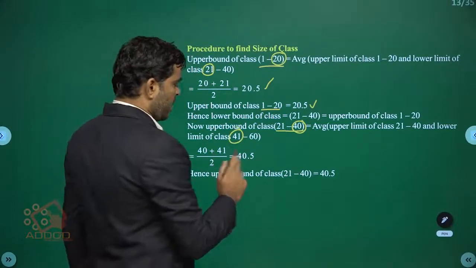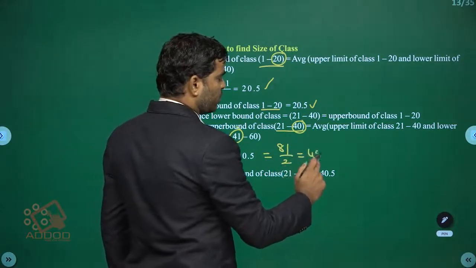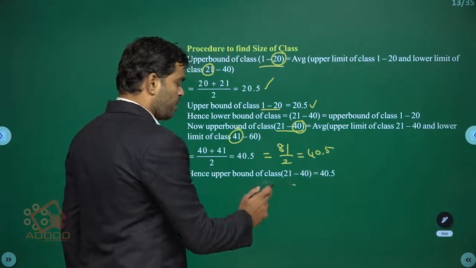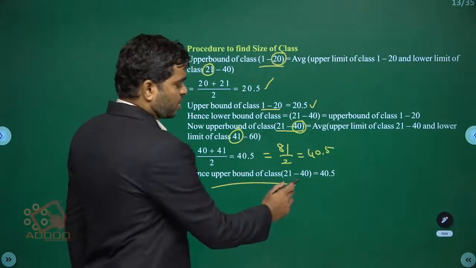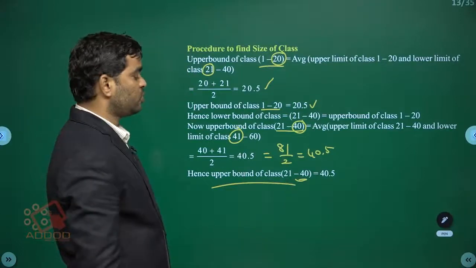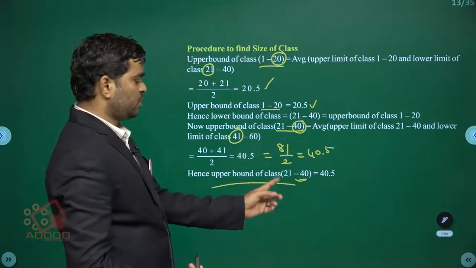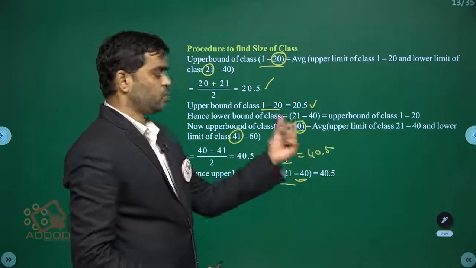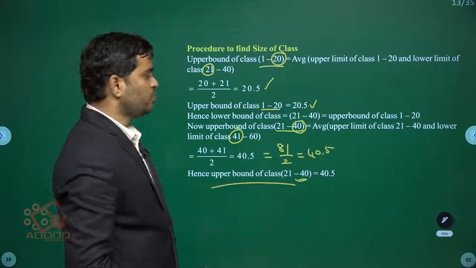The average, 81 by 2, is 40.5. That is the upper bound of the class interval 21 to 40. So that is 40.5, the upper boundary of 21 to 40.